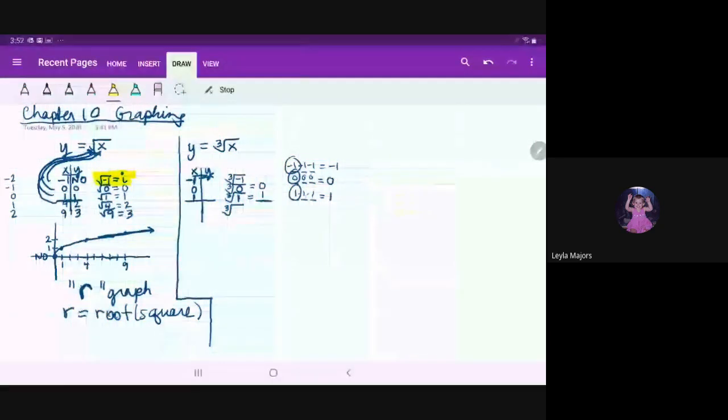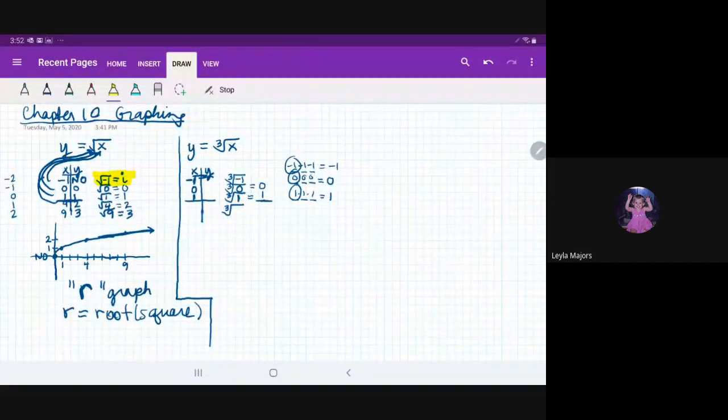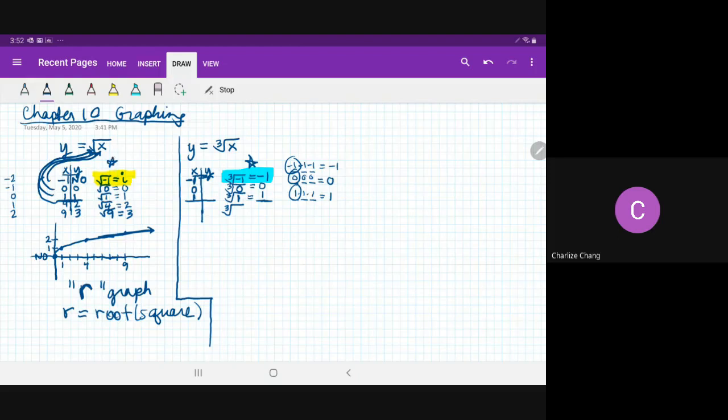In square roots, you can't get 2 to be -1 because 2 negatives multiply to be a positive. But in cube root, you can actually get a number. So I'm not going to get a "no." I'm going to actually get a number. So I'm going to highlight that in blue. Maybe put a star by it. Okay, so for cube roots, it's possible, but for square roots, it's not possible. So they're going to look a little bit different.